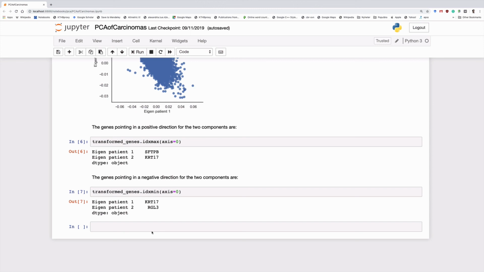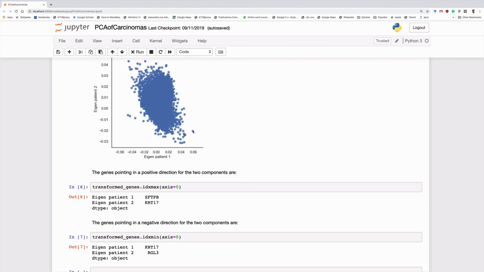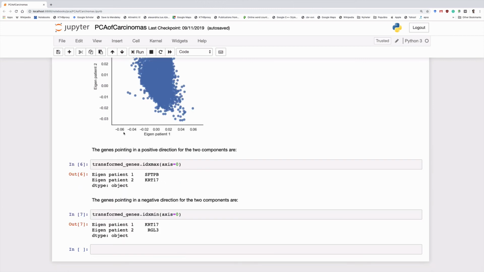So the minimal eigenpatient number 1 is also the maximal eigenpatient number 2. So that must be this data point up here. And the maximal eigenpatient number 1 seems to be this SFTPB, which is probably found over here. And we probably have a minimal eigenpatient number 2 somewhere among these genes. So these would be the genes that describe most of the difference between the data.